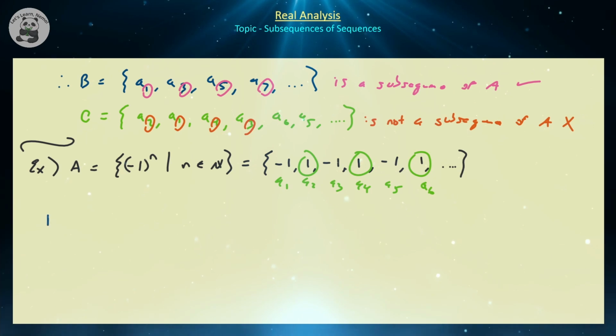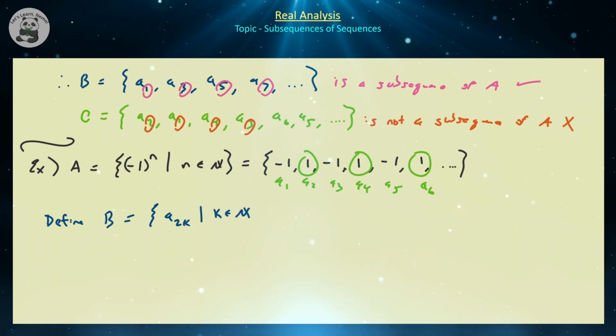So we're going to define B to be equal to the terms A2k, where k is a natural number. That's A2 times 1, 2 times 2, 2 times 3, 2 times 4, which is going to be A2, A4, A6.